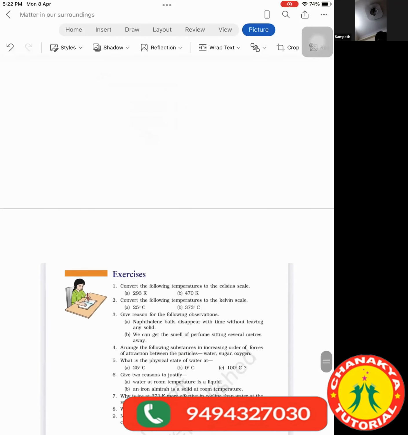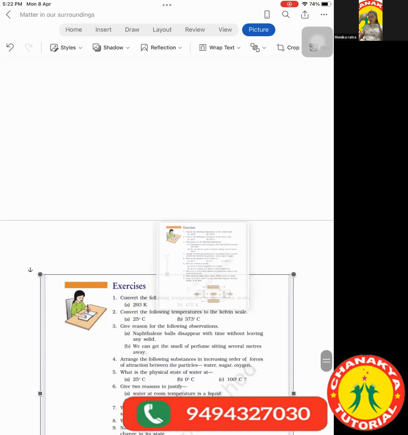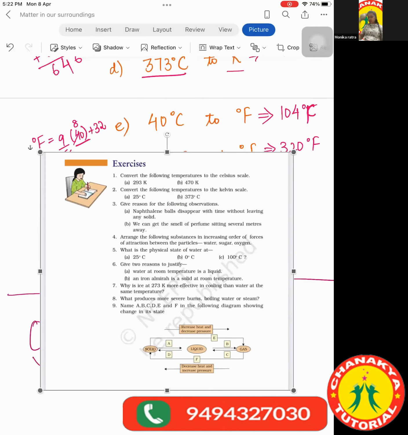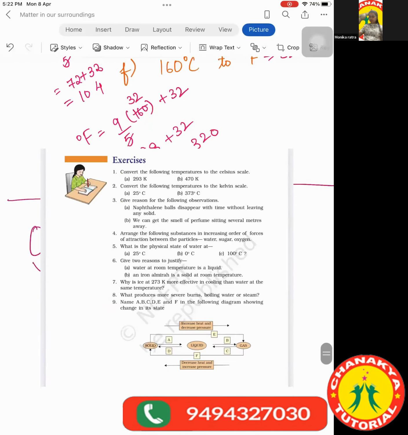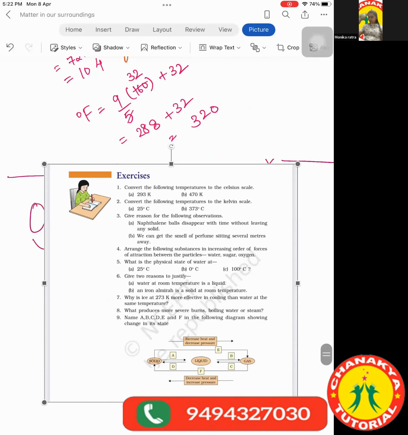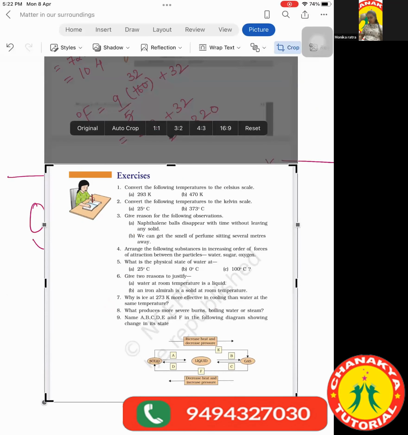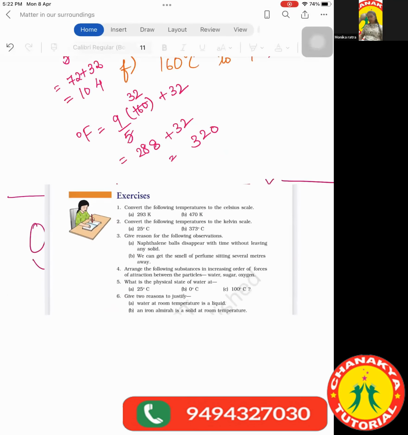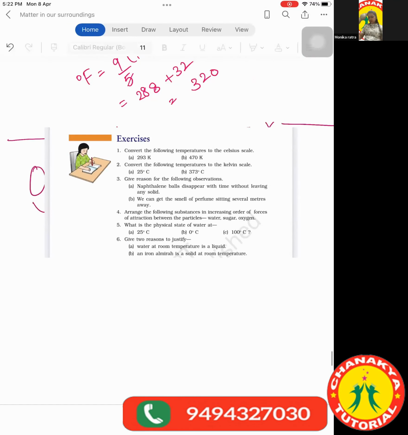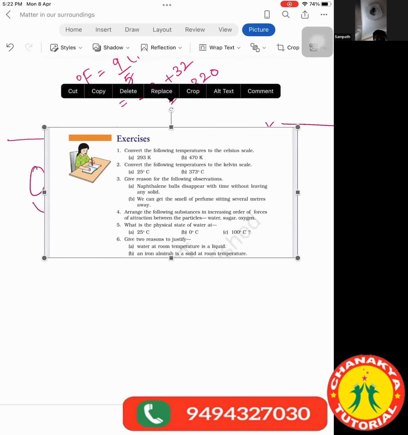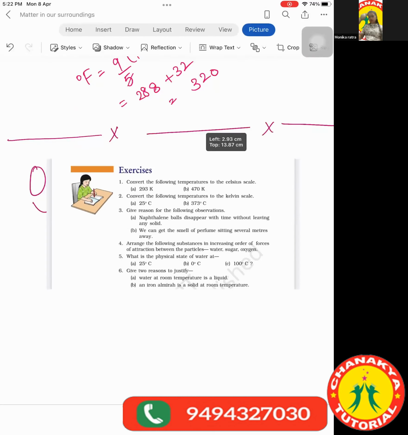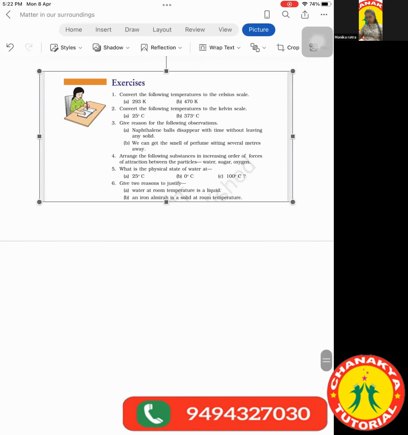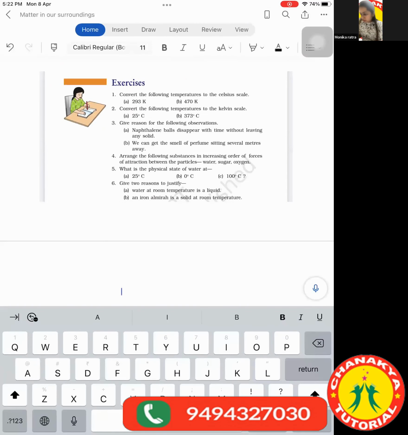20 degrees Celsius. Then what about 473 Kelvin? 200 degrees Celsius. 470 minus 273, how come it can be 200 degrees Celsius?